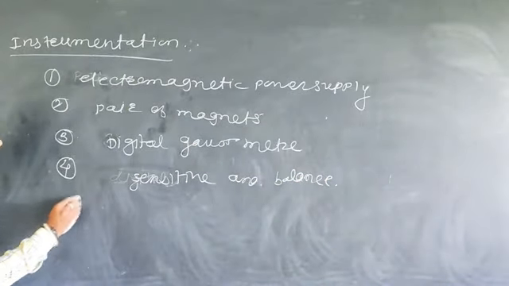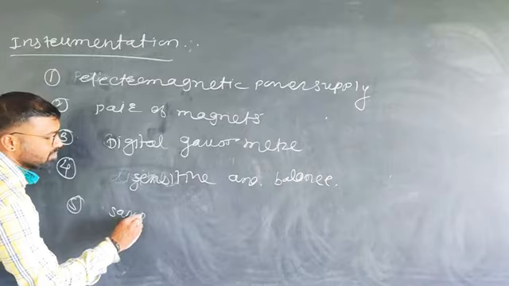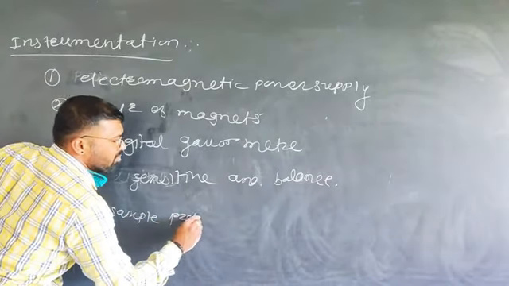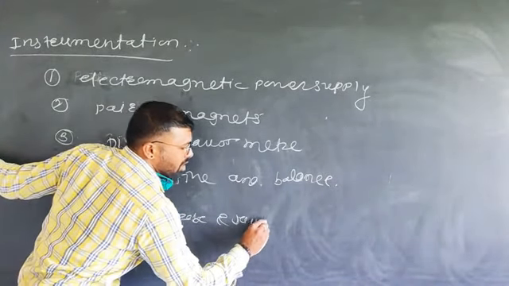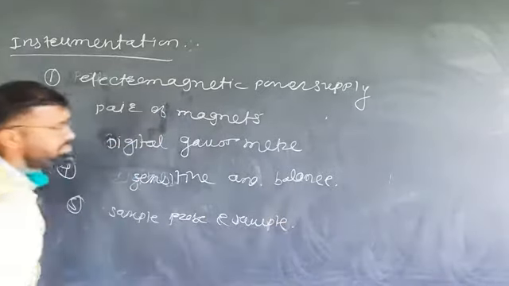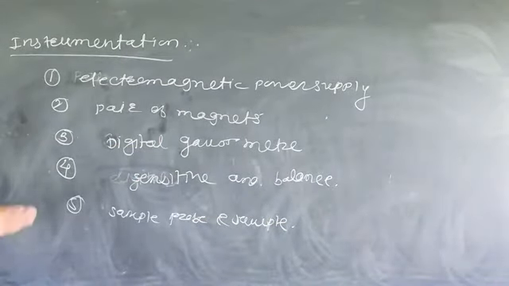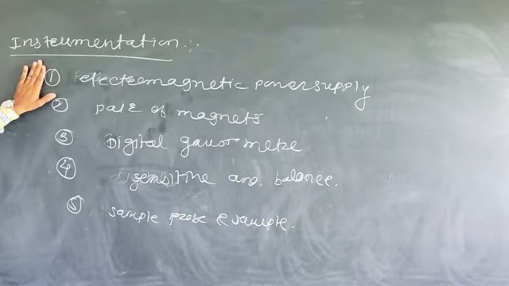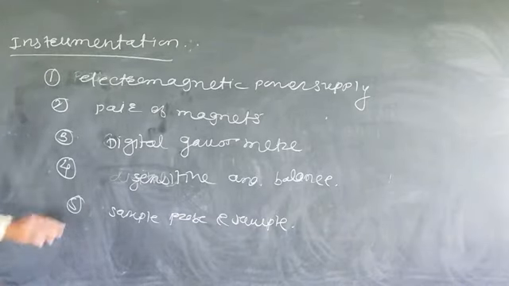And fifth, sample probe and sample. These are the components of the Gouy technique to measure the magnetic susceptibility.